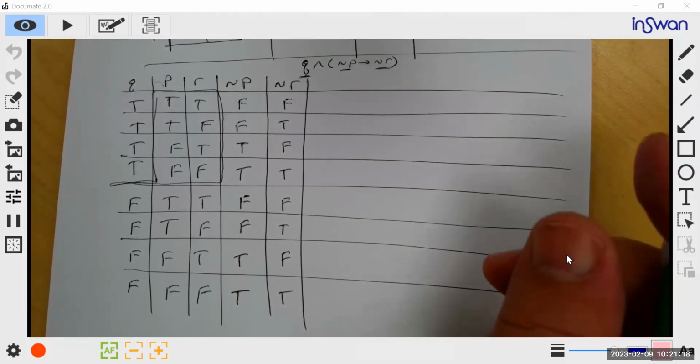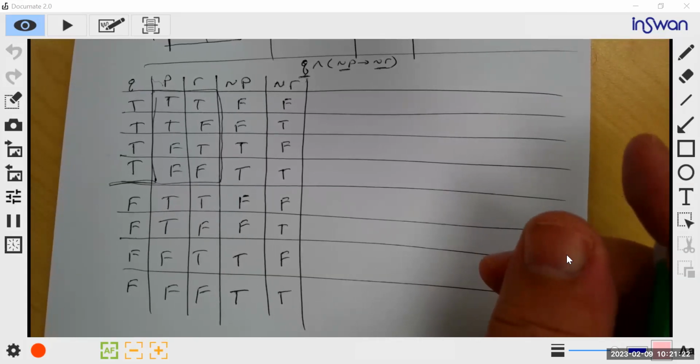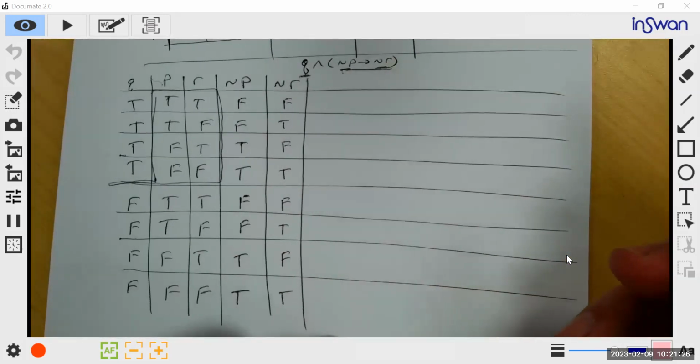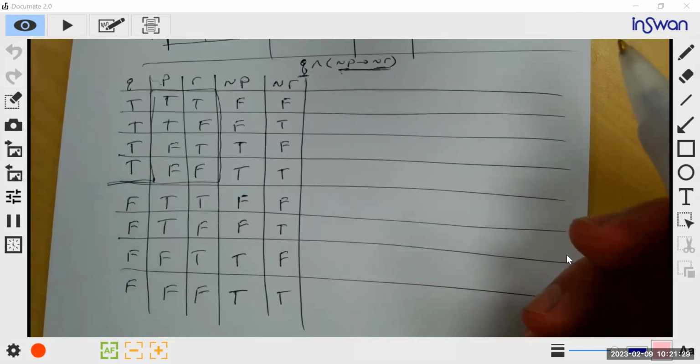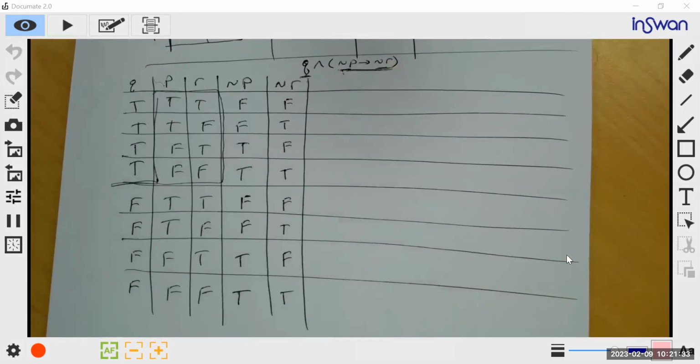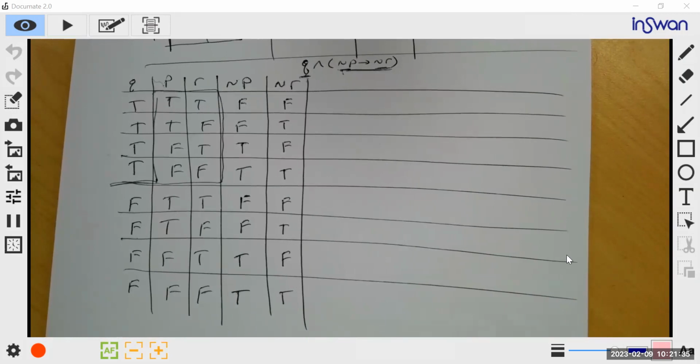So what do we do first? Nope, you have to do the parentheses first. Because it has parentheses, that tells us that it's more important. We do that first.